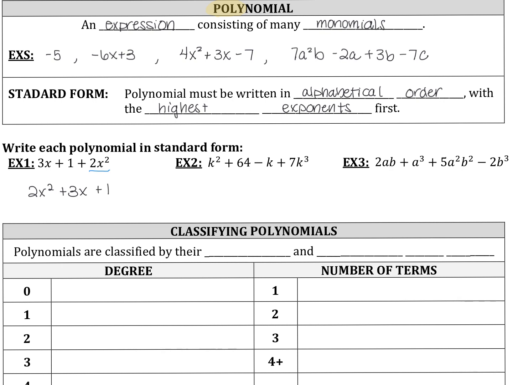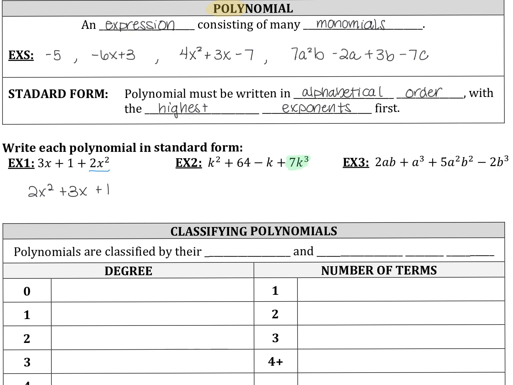Now what I would like you to do is, with your seat partner, try example 2 and then example 3, which is a little bit messy. All right, hopefully you had a chance to look at example 2. Let's go through and list our highest exponent. It's pretty easy to see that it's this term, 7k cubed.